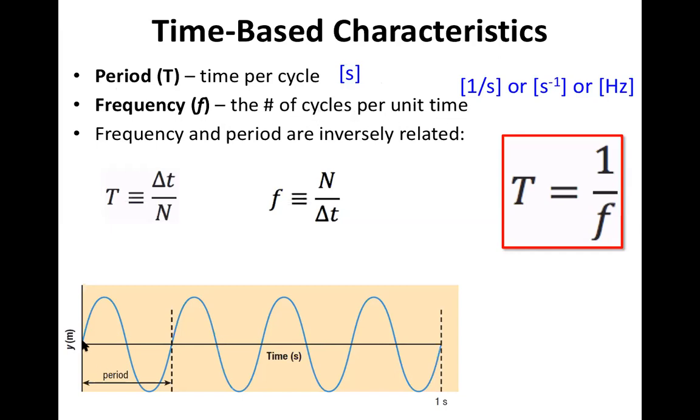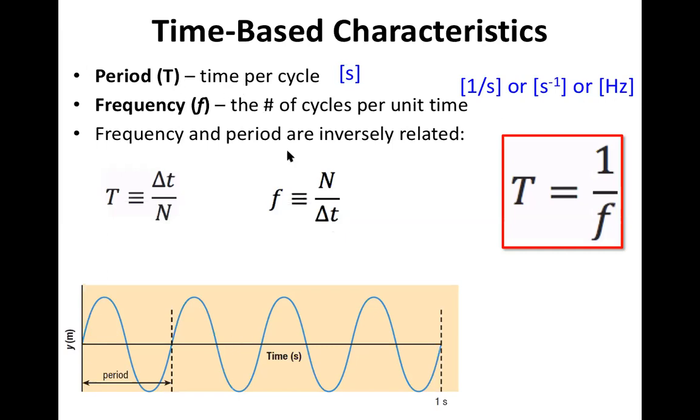So if it takes 1 second for 1, 2, 3, 4 waves, that means our frequency would be 4 per second, 4 waves per second. And we say hertz because that's a standard unit for inverse seconds.